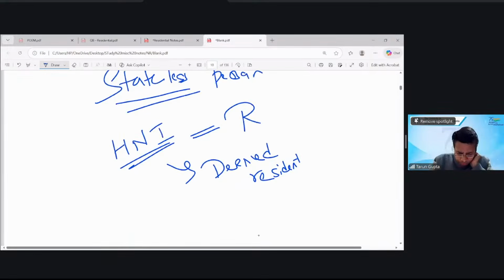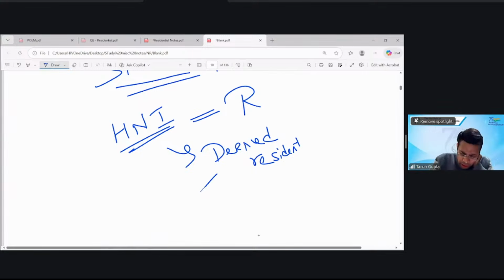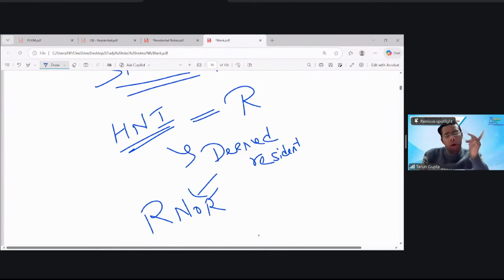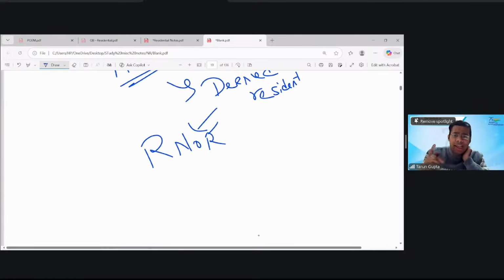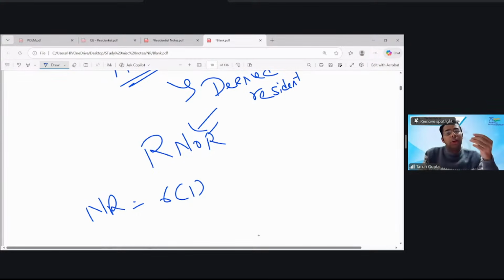Okay. Here also, you understood the concept? Here also, you will be deemed as RNOR. And one more important thing, the deemed residency concept applies only if you qualify as NR under section 6.1. That is a basic condition. Because if you take an example of any person, take an example of me.